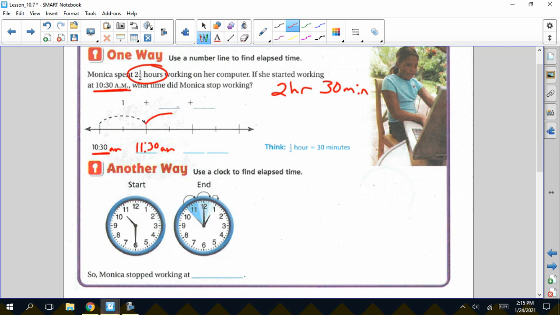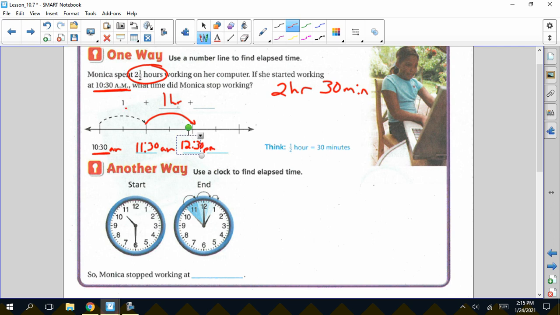We go 1 more hour, and 11:30 plus an hour, we're at 12:30. But remember, when you pass 12, both at noon and at midnight, the AM and PM switch. So we were at 11:30 AM, we are now at 12:30 PM.